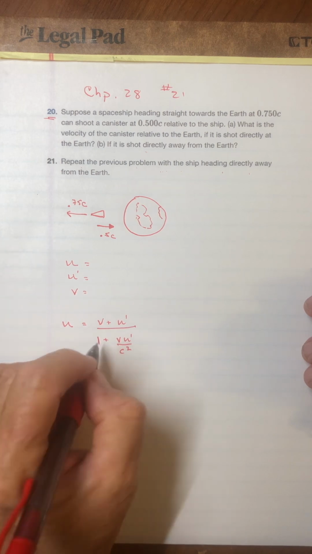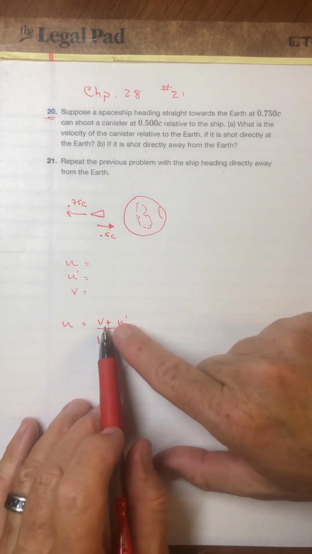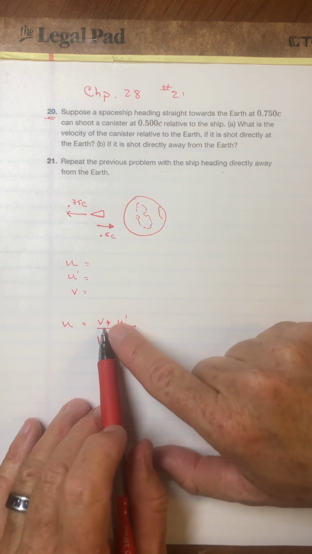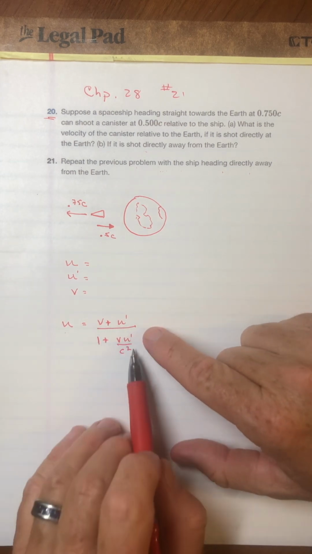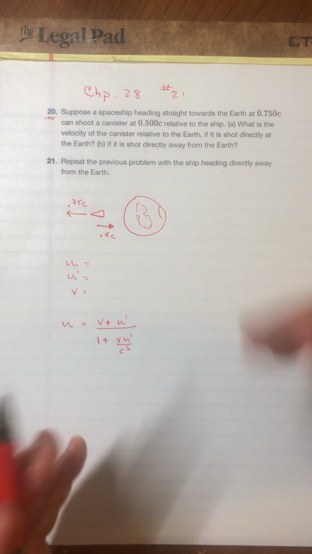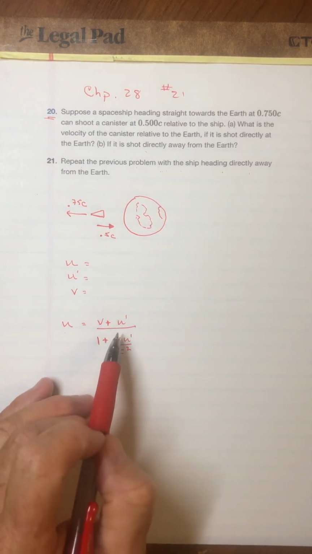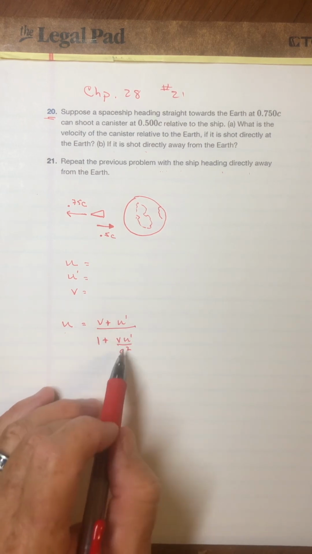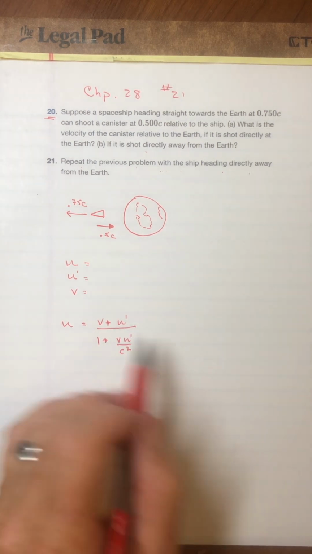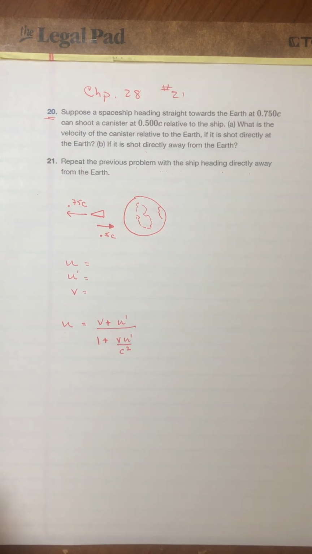Mathematically, the best way to approach this is to let the unknown be the U, because if we know these two, it's plug and chug. On the other hand, if the V or the U prime are unknown, then because it's top and bottom, we have to do some cross multiplication and a lot of algebra to figure out what those are.